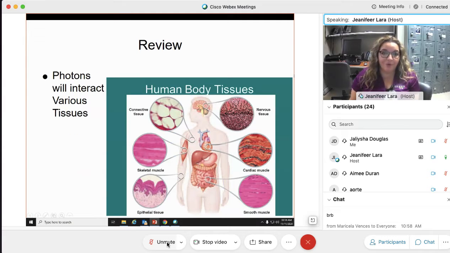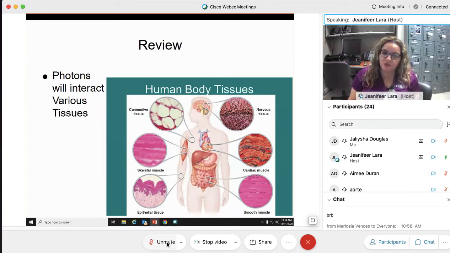Right? Okay. All right, so photons. We know that they're going to interact with the body. And we know that there's various tissues in the body. We're not all created of feathers. We're not all created of bone. We're all not consistent of the same amount of muscle. We're not all consistent of the same amount of adipose. We're not all consistently the same. Okay?